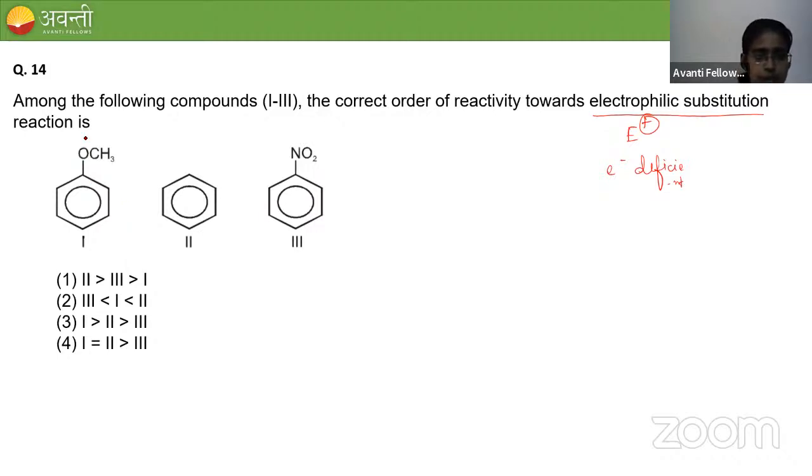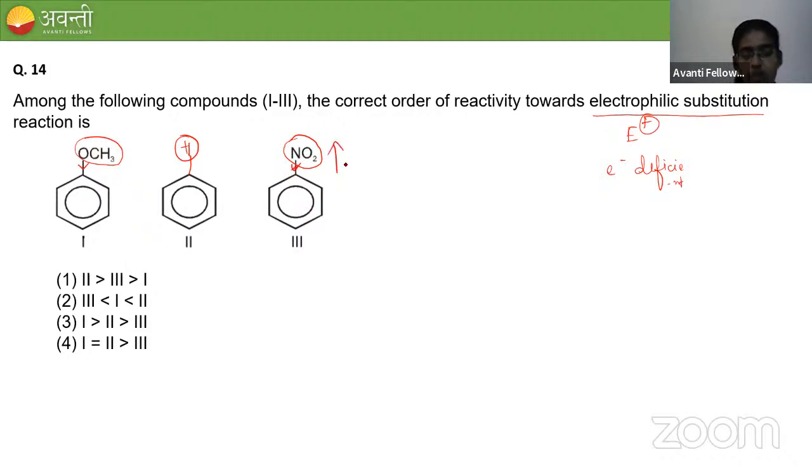So you see here, in all the 3 compounds, the ring is common. In the first case, OCH3, I already told, it is an alkoxy group, which is an electron donating group. And in case of benzene, hydrogen is located. And in case of the third compound, nitrobenzene, this nitro group is an electron donating group. Okay, sorry. Nitro group is an electron withdrawing group.